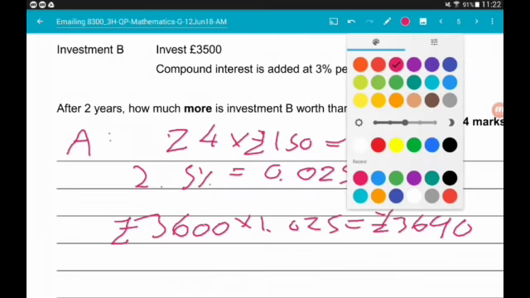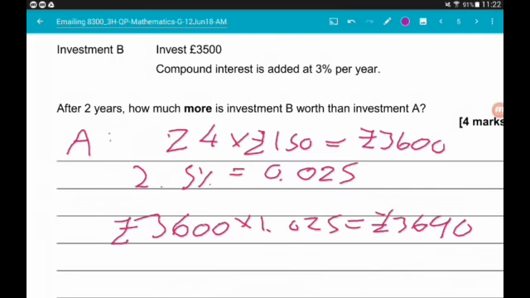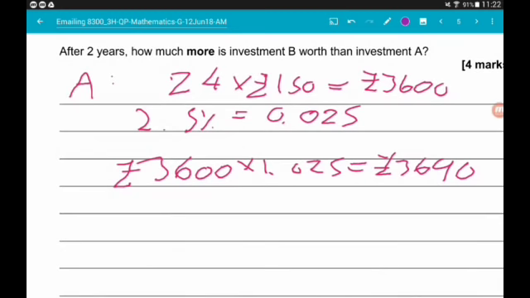Okay, let's do investment B. So for investment B, we're sticking in £3,500 for 2 years, and we get paid compound interest at 3% per year. So for investment B, again I'm going to use decimal multipliers. So 3% is 0.03.